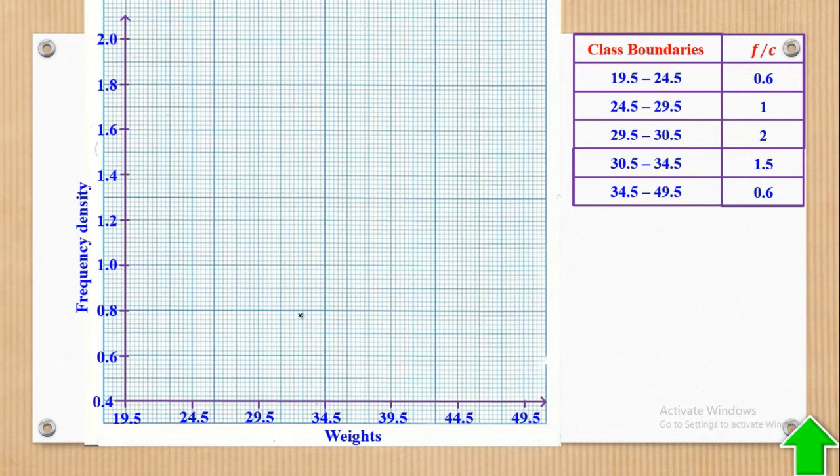Okay, now next is to plot. 0.6 ranges from 19.5 to 24.5. Let's draw that. Then 1 ranges from 24.5 to 29.5. We shall draw that. Then 2 ranges from 29.5 to 30.5. We shall draw that.